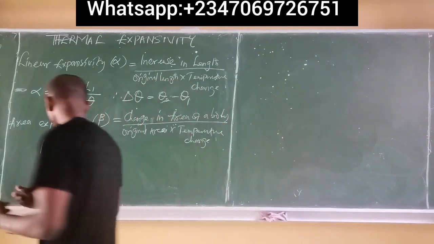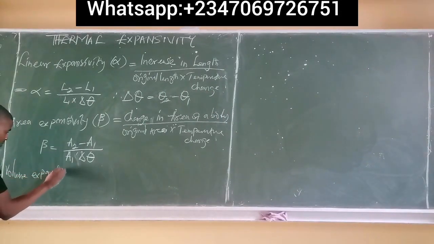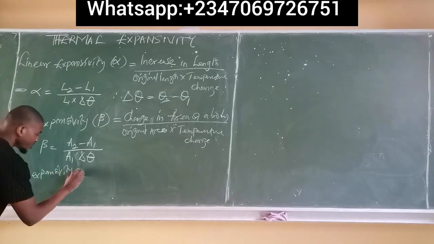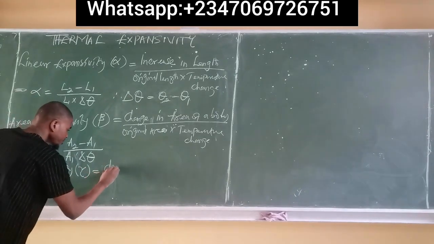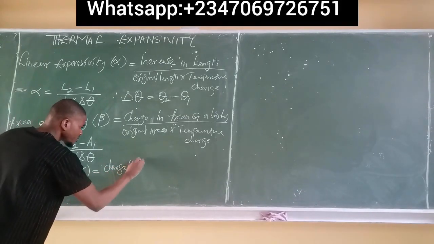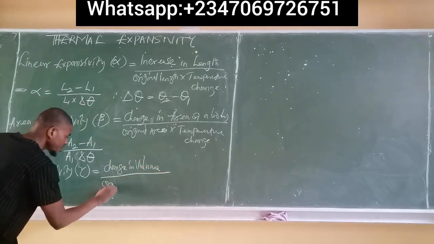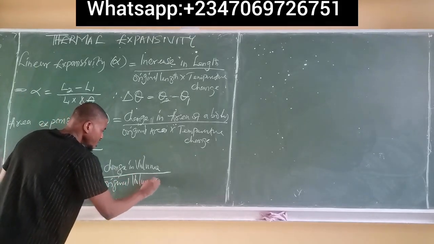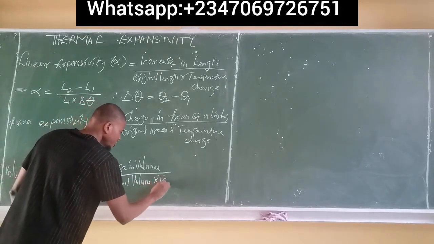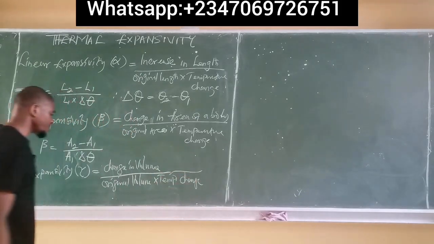So mathematically, volume expansivity can be denoted with the Greek symbol gamma, and is equal to change in volume all over original volume, multiplied by temperature change.